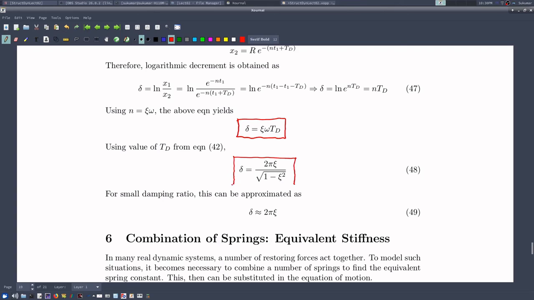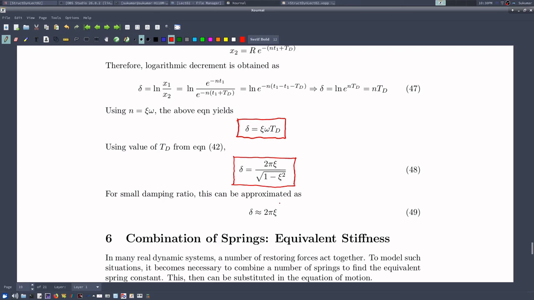This is another important equation. Okay, so the logarithmic decrement can be obtained in terms of damping ratio by using this formula, and since damping ratio for real systems is very small, therefore root over 1 minus j square is nearly equal to 1, therefore sometimes it is also approximated as delta equal to twice pi j.